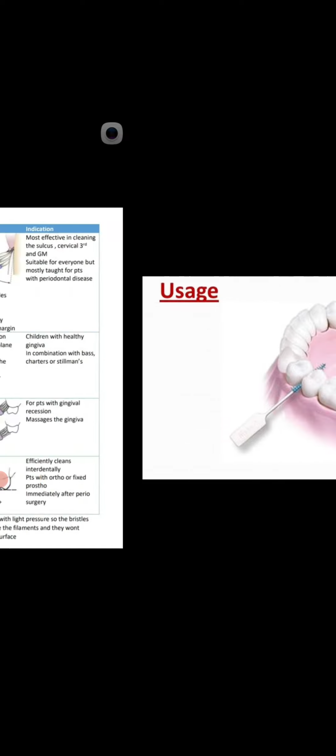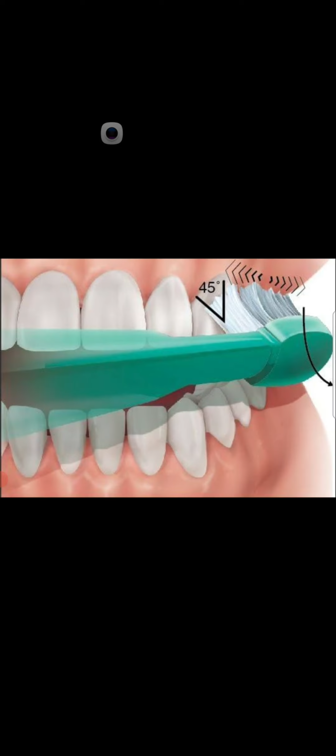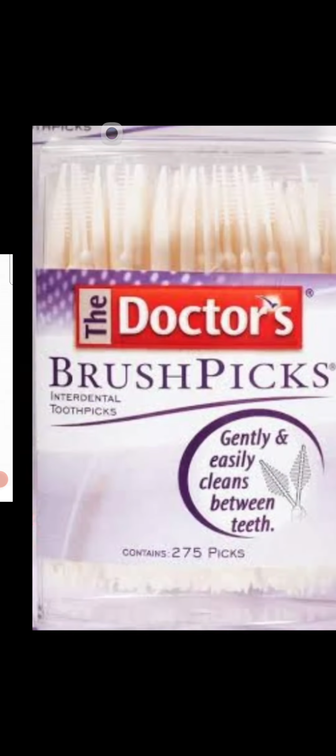Now look at this diagram, how floss is held in a floss holder. This is the floss and this is the floss holder. Hold the floss in a holder by caregivers. Now come to the next.